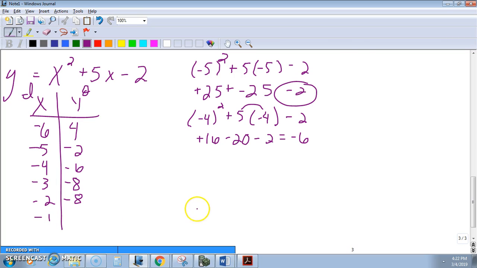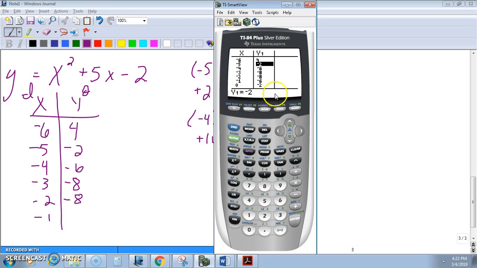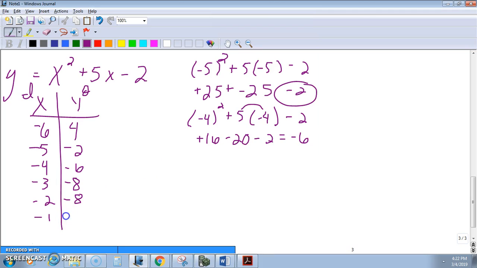And then -1, let's see, whoops, sorry guys. Why did my calculator go so far away? -1 is -6, and then 0 is -2.